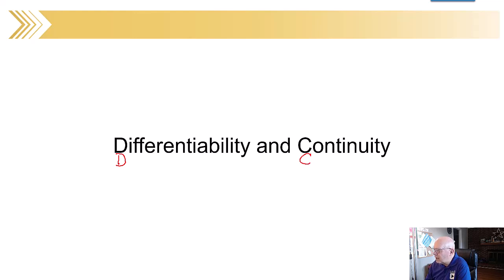If something is continuous, it might not be differentiable. For example, and we'll see an example, if you have something like this going on, it's continuous, but it's not differentiable there. However, if you have something that's differentiable, it automatically is continuous.